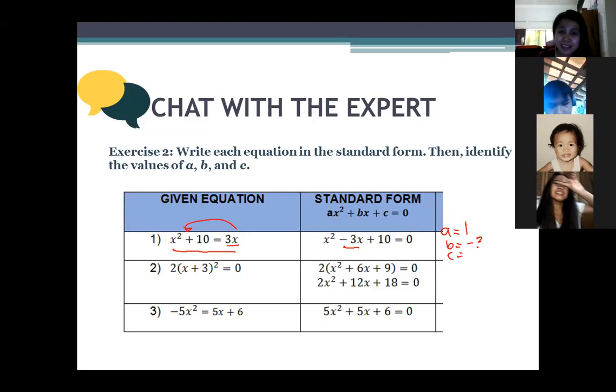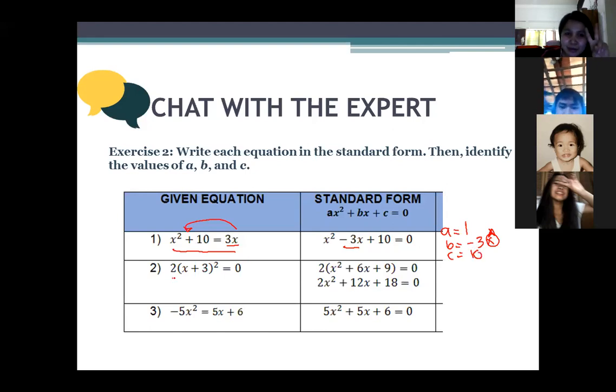Very good, Isabel. It's negative 3. Oh, friends, you do not write X anymore, okay? Just write negative 3. Again, the number. How about C? What's the value for C? Very good. The value of C is 10.